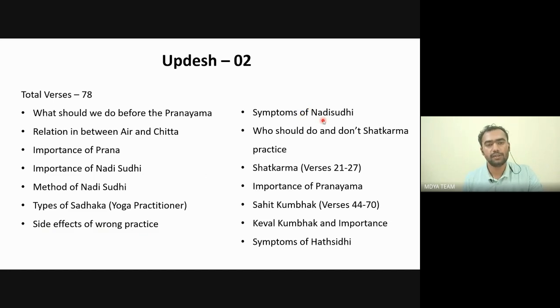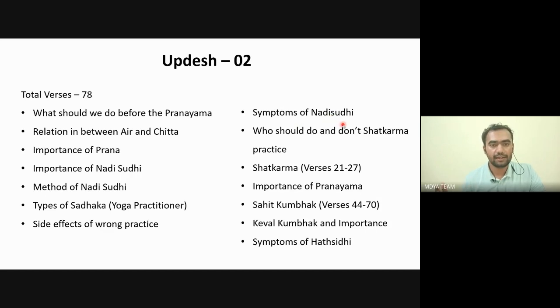Symptoms of nadi shuddhi. Generally we say Nadi Shodhan Pranayama, but it is not pranayama, it is nadi shuddhi, an exercise. So what is the symptom of nadi shuddhi?